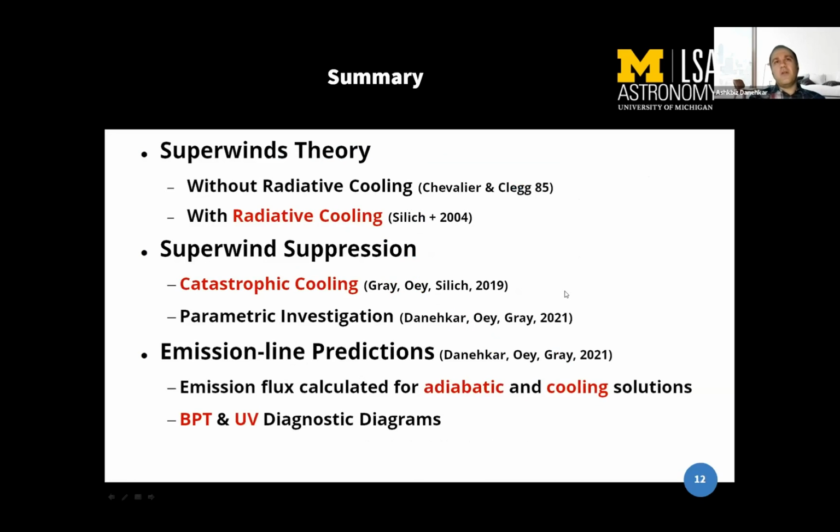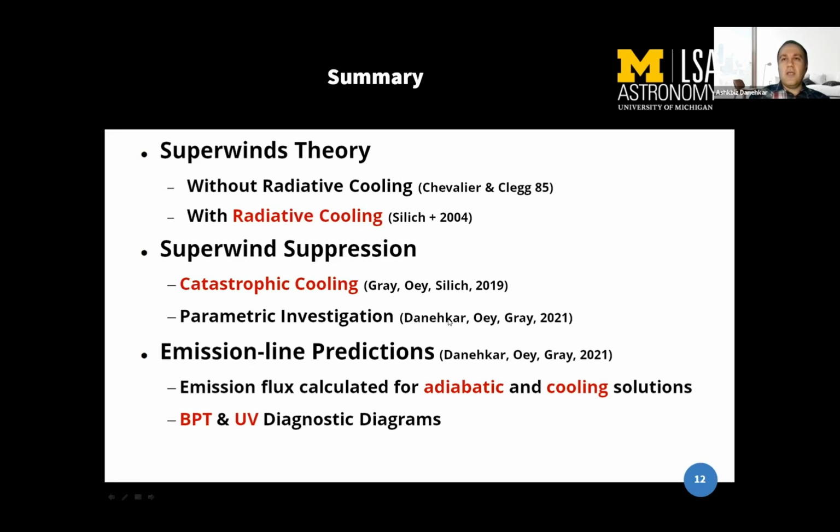And this is a summary of my talk. I talked about how we did hydrodynamic simulation, which was analytically solved by Chevalier and Clegg. Also, we include radiative cooling, with the analytic solution developed by Silich in 2004. We did parametric investigations of catastrophic cooling by changing metallicity, mass loss rate, and wind velocity.